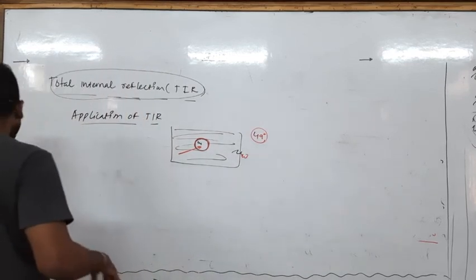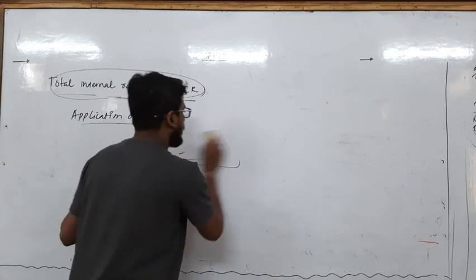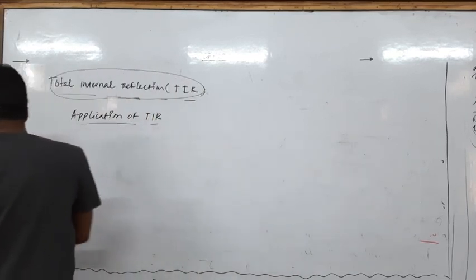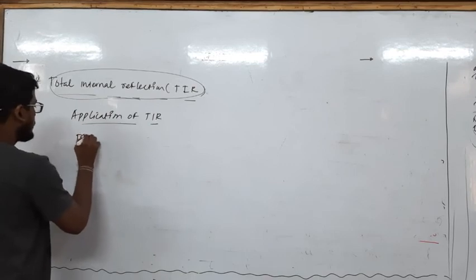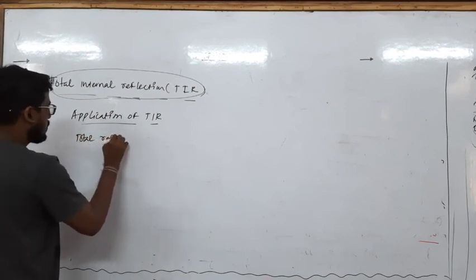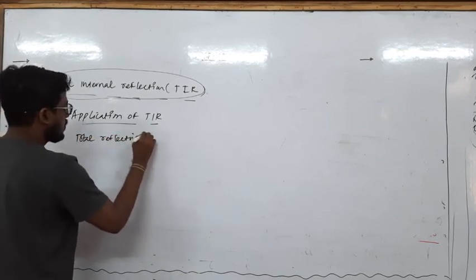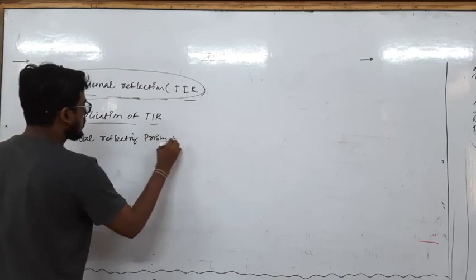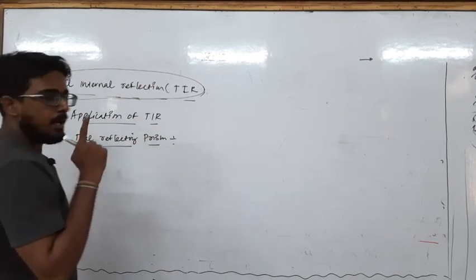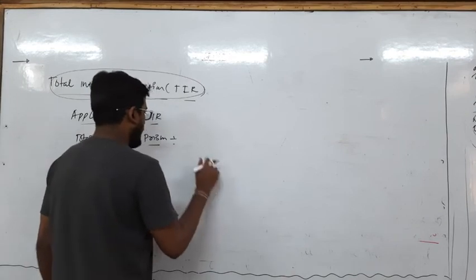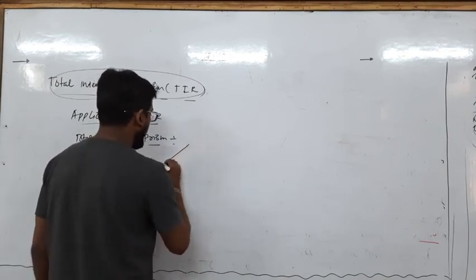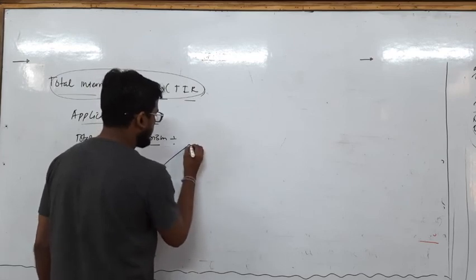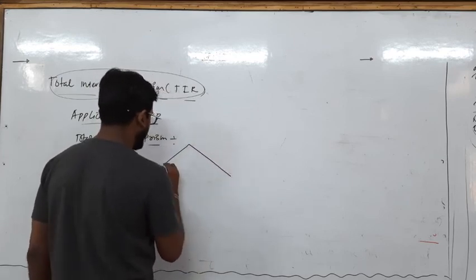Clear? Similarly, by the application of TIR, we are using a total reflecting prism. So what is a total reflecting prism? A total reflecting prism is a right angle isosceles prism like this.